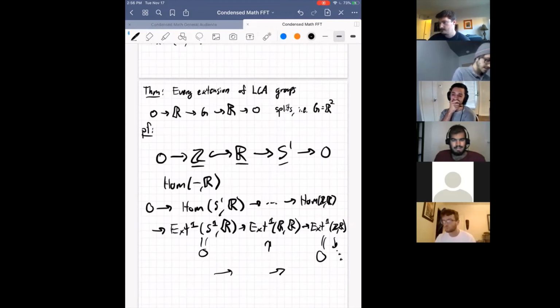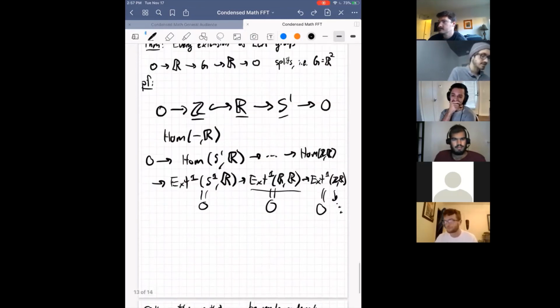What that's going to mean is that for this to be an exact sequence, the guy in the middle is equal to 0. Then you need to repeat the proof exactly verbatim that I gave at the beginning, which I'm not going to do. But when the Ext^1 is 0, then all of these extensions will split.